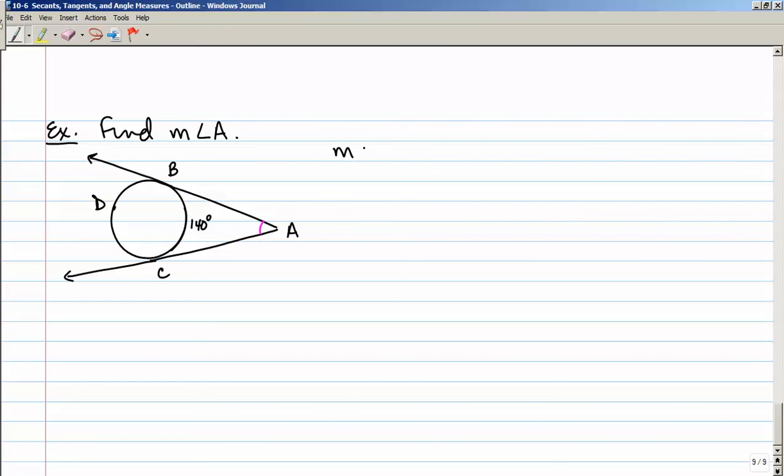Well, the measure of arc BDC is going to be 360, which is all the way around the circle, minus 140, or the measure of that arc is going to be 220. So using the fact that arc BC is one part of the circle and arc BCD is the other part of the circle, and together they make 360, I can subtract to get the big arc on the outside.